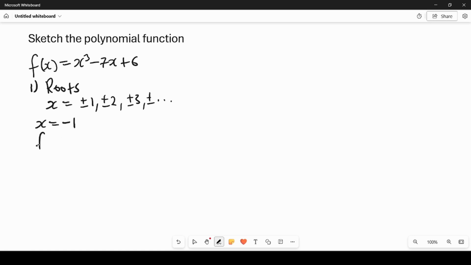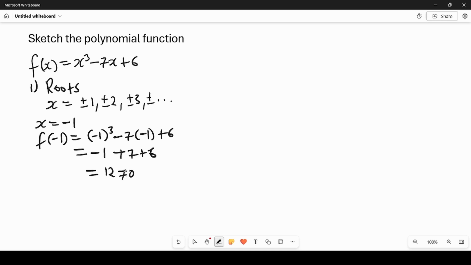If x is equal to negative 1, we substitute negative 1 in the given function. We're going to get negative 1 cubed minus 7 times negative 1 plus 6. This is going to give us minus 1, plus 7, plus 6, which gives us 12, which is not equal to 0.